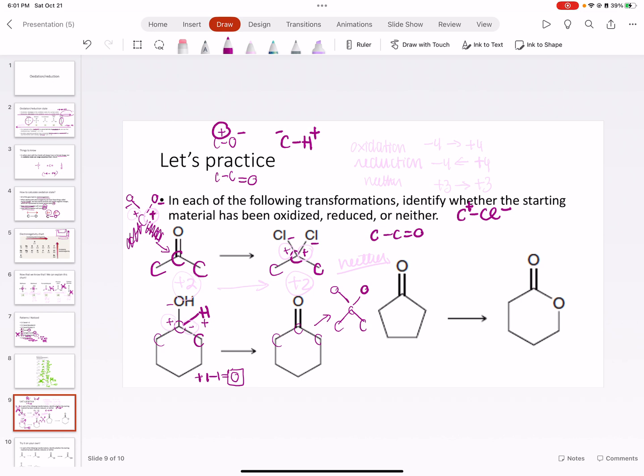Carbon carries a positive, oxygen carries a negative: positive, negative. We have 2 positive charges surrounding that carbon, therefore we have a plus 1, plus 1, so plus 2. If we went from 0 to plus 2, I think we got oxidized.